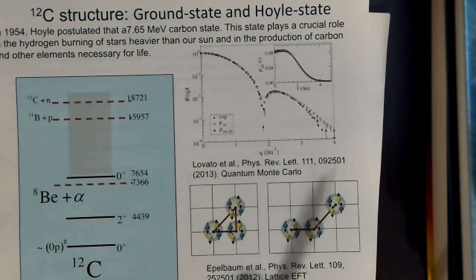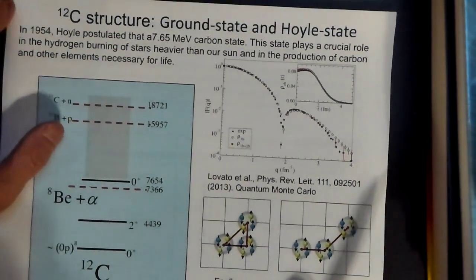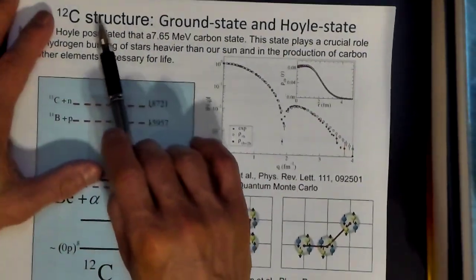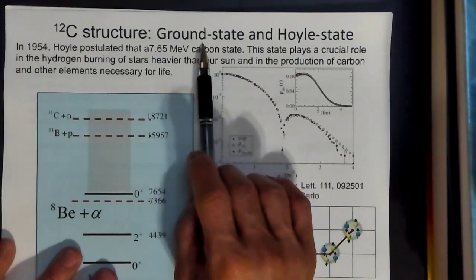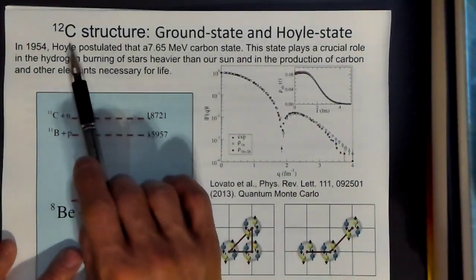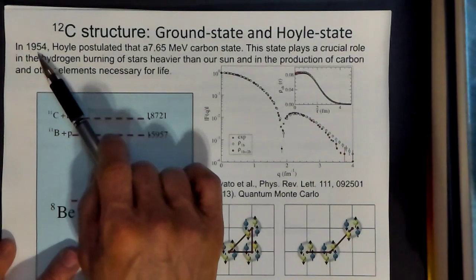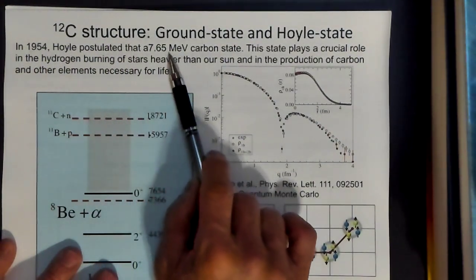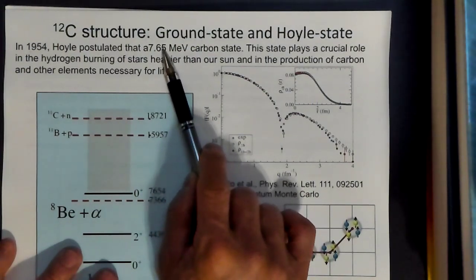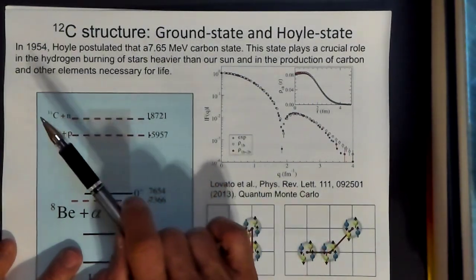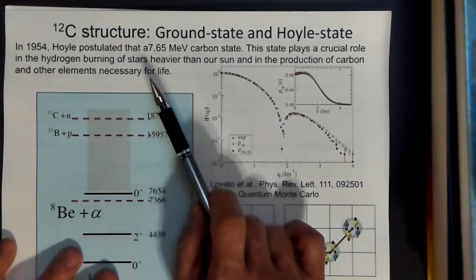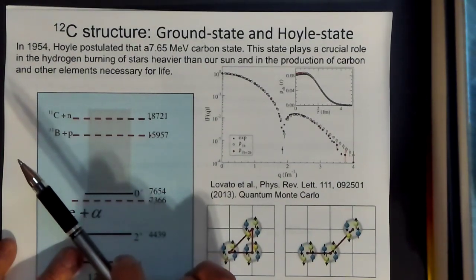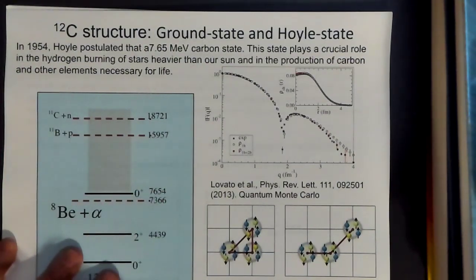And here are some calculations that I've been involved in, where there's this carbon 12, there's the ground state, but then there's also the Hoyle state, which is important. We've mentioned this before in class, but in the 1950s, Hoyle postulated that there was about a 7.65 MeV excitation above the ground state, and that was responsible for enhancing the production of carbon inside of stars.